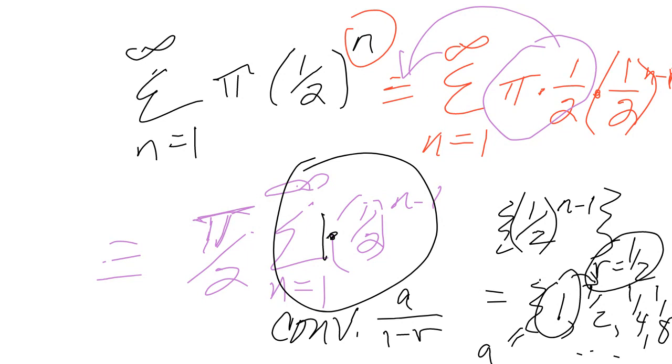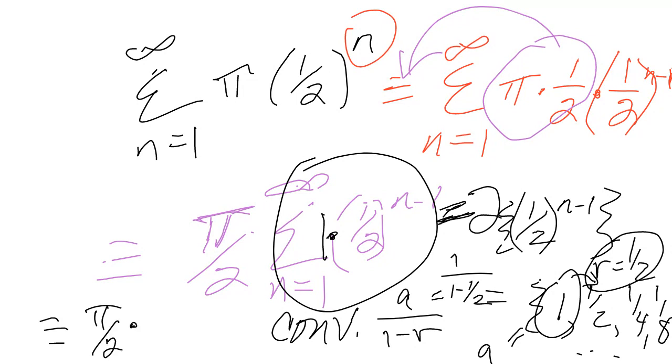So in this case, what does this converge to? A is 1, divided by 1 minus 1/2, or 1 divided by 1/2. So this converges to 2. So this equals 2 here. That's what that converges to. So this is going to equal pi over 2 times 2, which of course the 2's cancel.